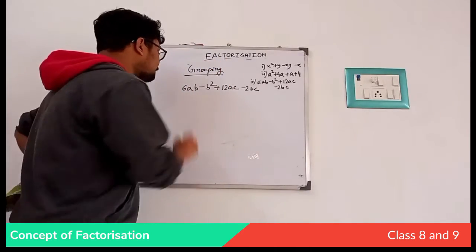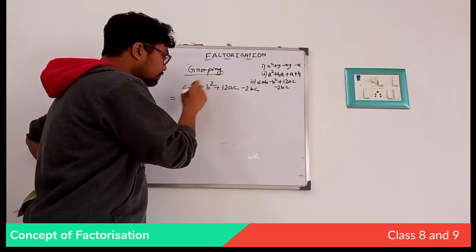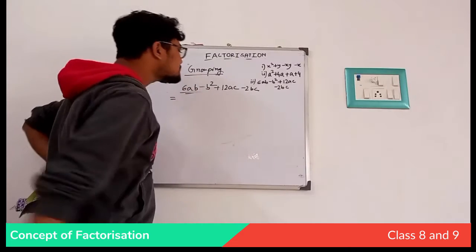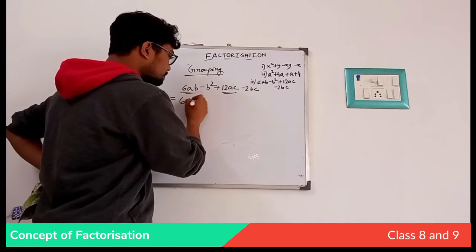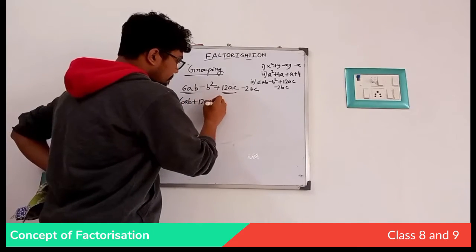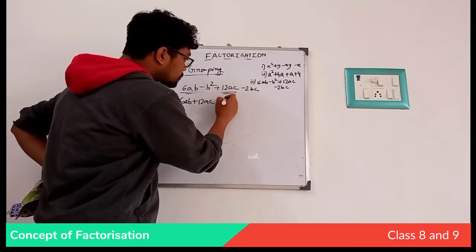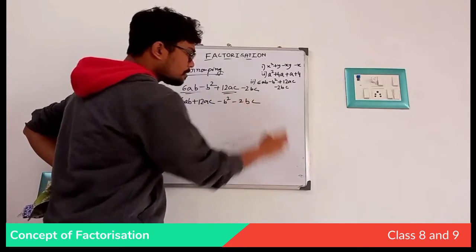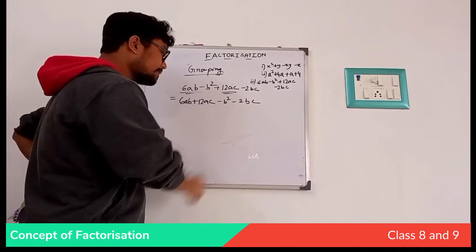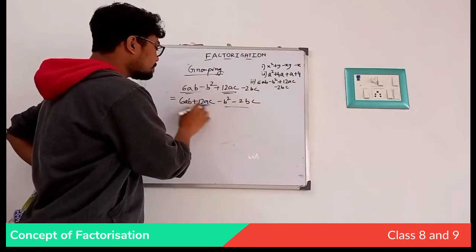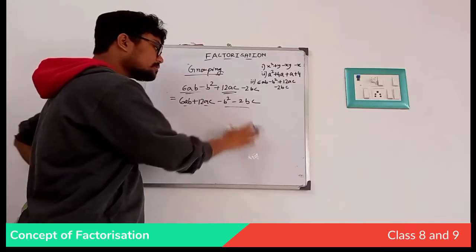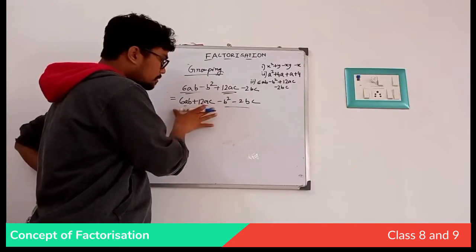How do I do it? I take 6ab and 12ac on one side and minus b square and minus 2bc as another group on the other side, because in these two terms b is present, and in the other two terms a is present. So these are the common parts.